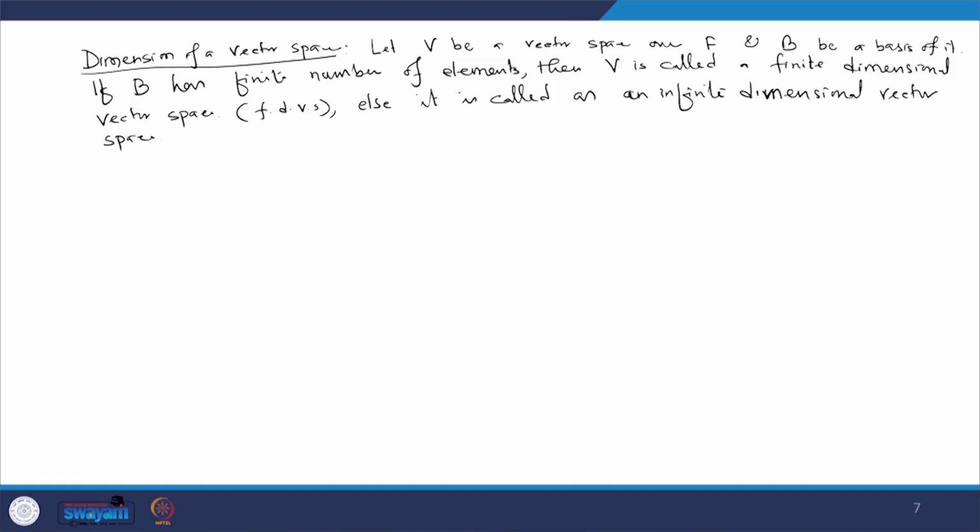But if I consider V as the space of all polynomial functions over F, then the dimension of this vector space will be infinite, because no finite linearly independent subset of V can span the corresponding space.